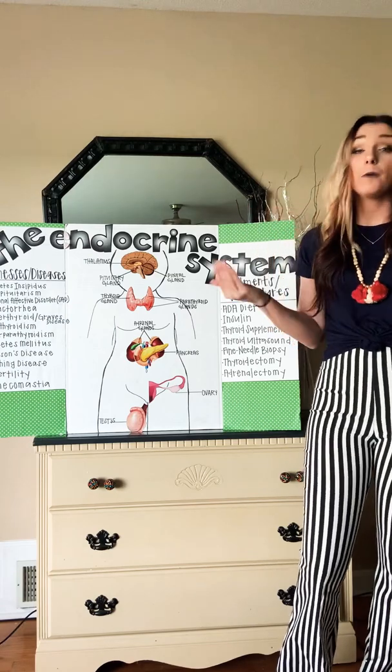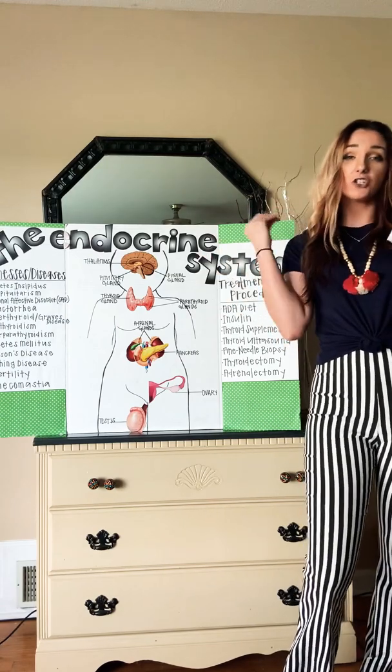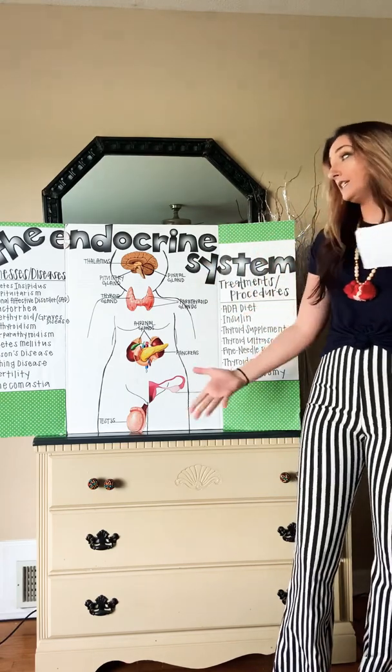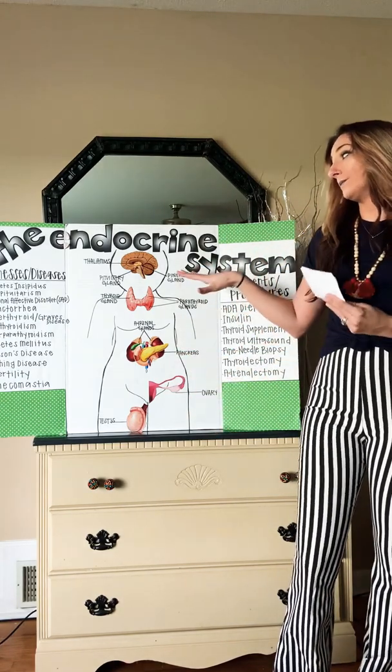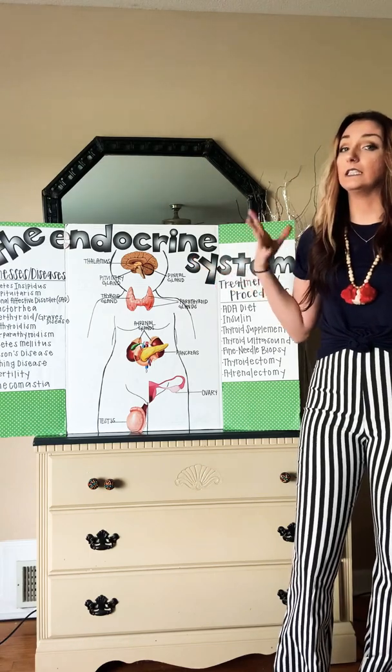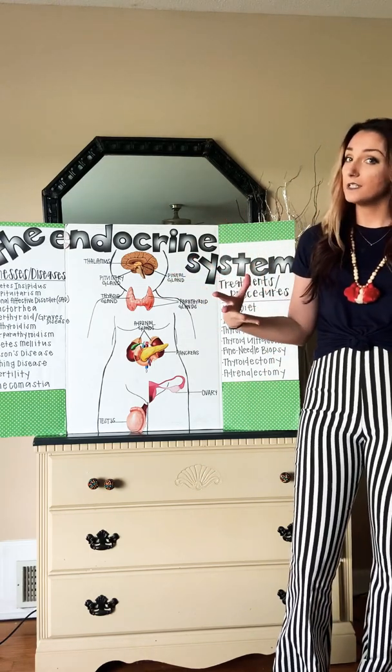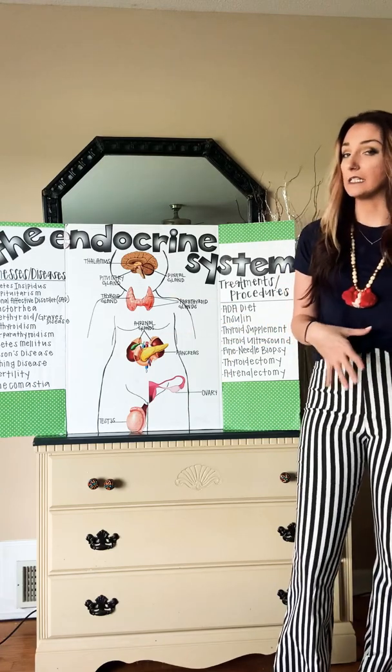It can come from any type of brain infection or a head trauma. It can also be hereditary. So diabetes insipidus comes from the pituitary gland region, and then we'll get to diabetes mellitus in a little bit.